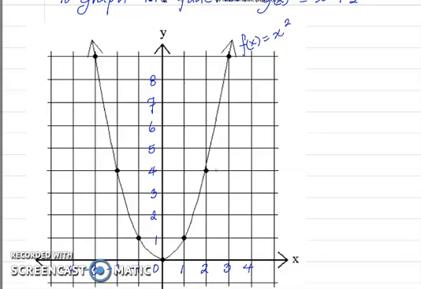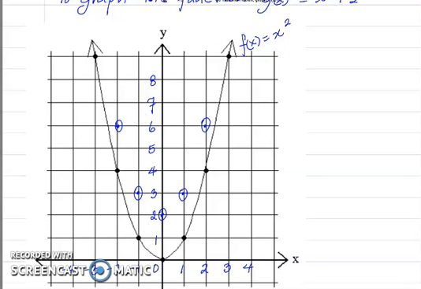So 2, 4 moved 2 units vertically upwards is going to become 2, 6, which is here. 1, 1 is going to become 1, 3, which is here. All I did was move it 2 units vertically upwards.